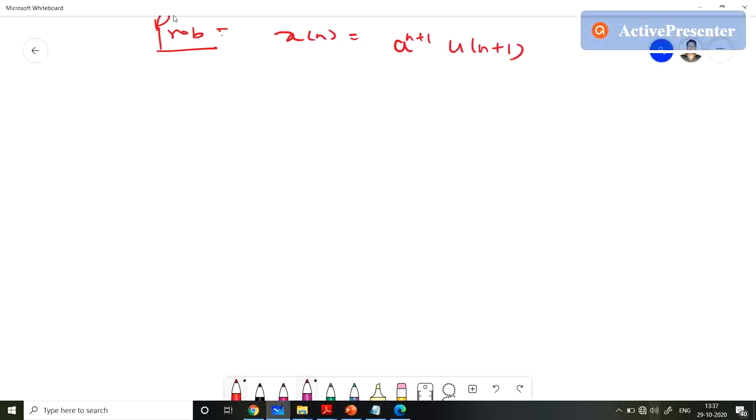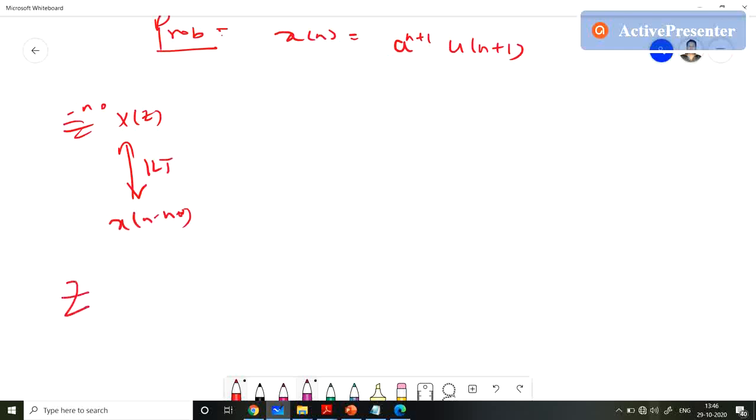We are going to use the property that when we multiply z raised to the power minus n naught with X(z), and find the inverse transform, then we will get x[n minus n naught].